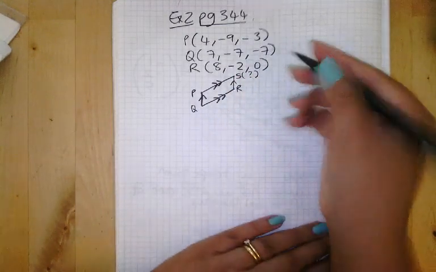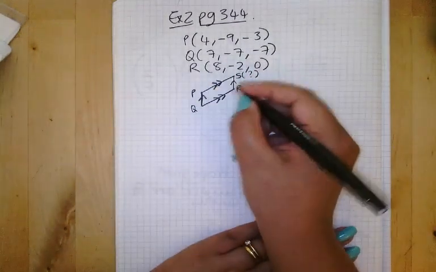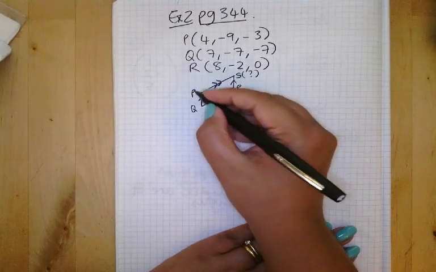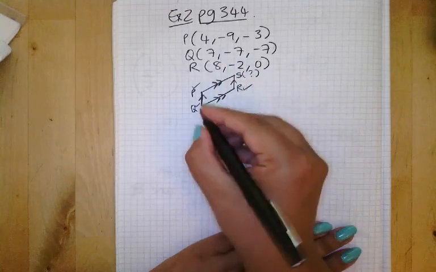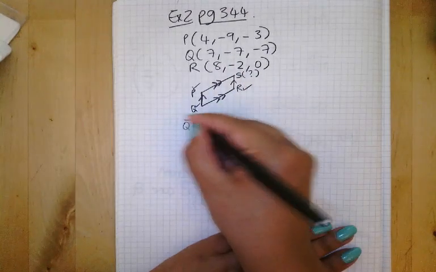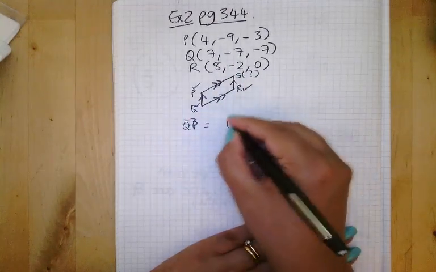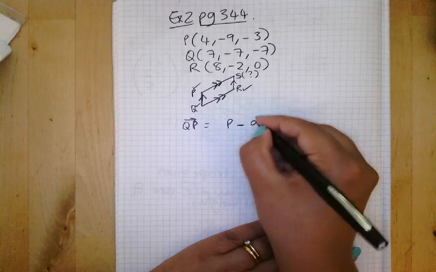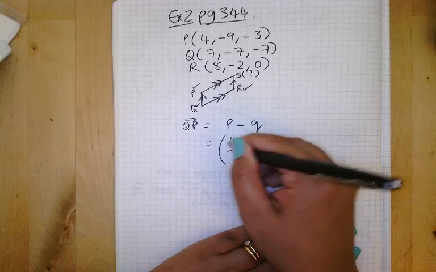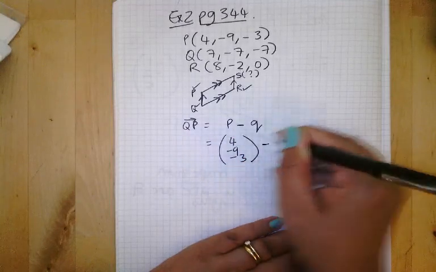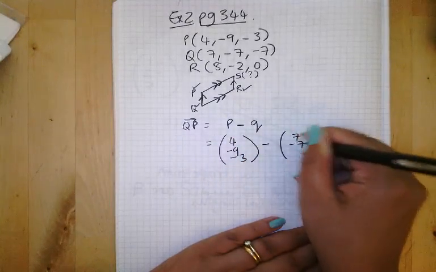So the first thing we need to do is work with the things that we know. We do know P, Q and we do know R. So let's work out the vector QP. The vector QP is going to be P minus Q, and again I'm going to work in column vector form because I find it much easier and quicker.